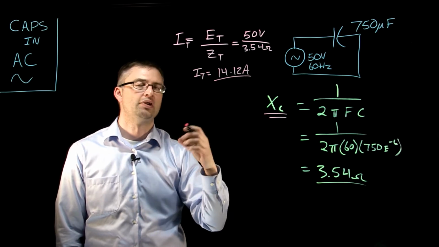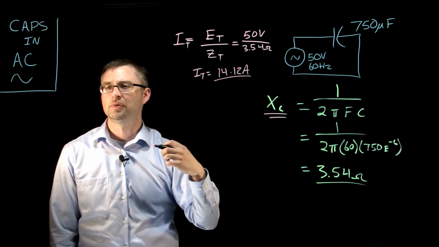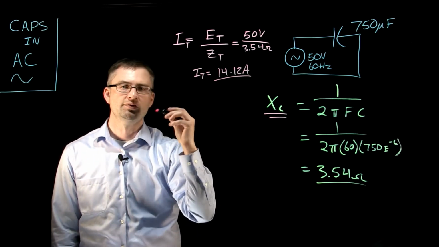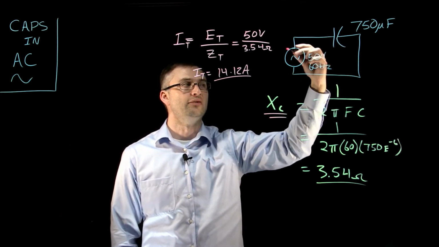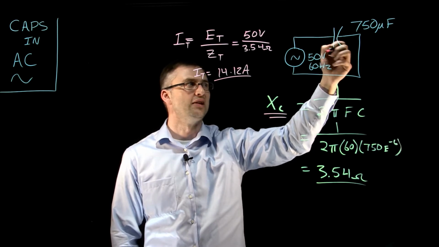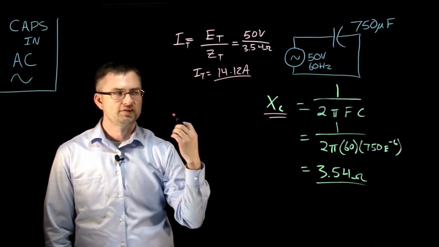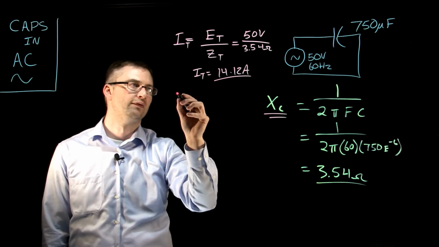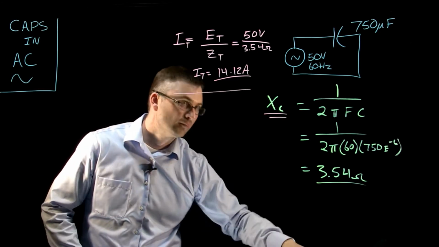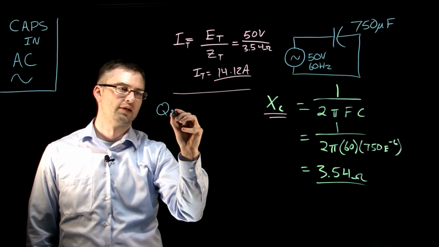So from there, what we want to do then is figure out how much power is in this circuit. So we're not looking for watts, as we're going to assume we have no resistance, and therefore we have no watts and no heat built up in our capacitor. This is going to be purely reactive power. So we're looking for Q, the Q of XC.